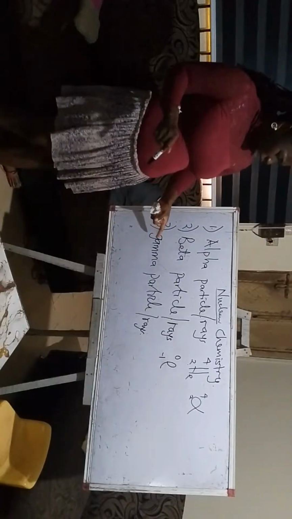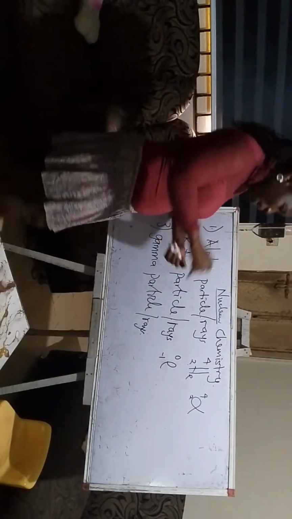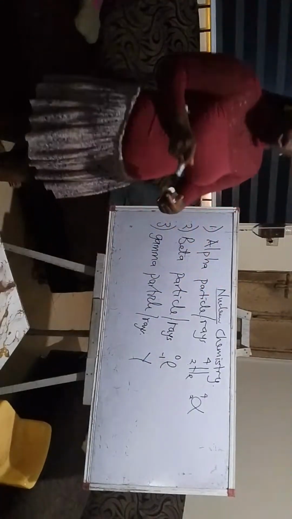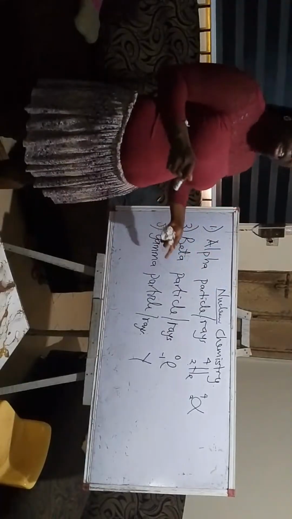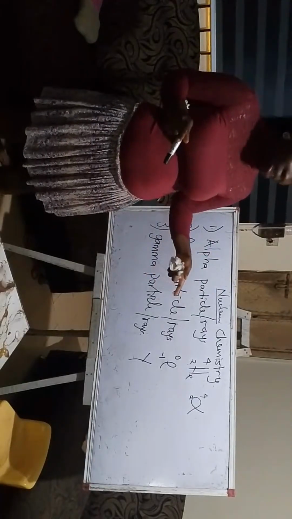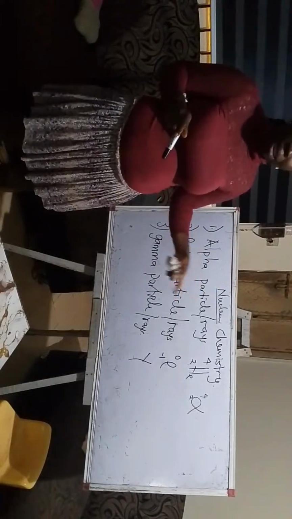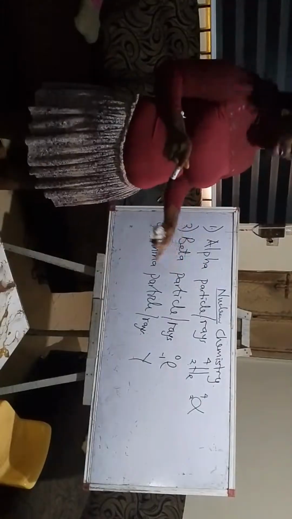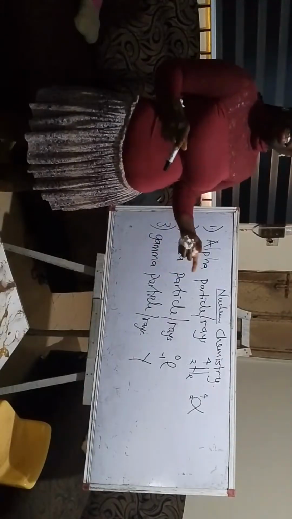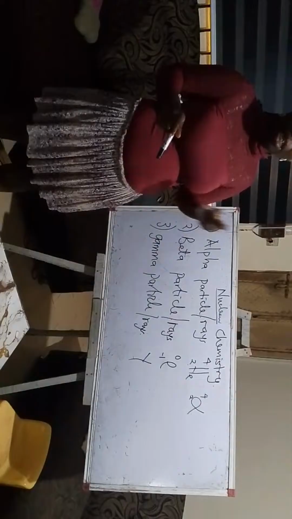But that of gamma, gamma has no mass number, neither does it have an atomic number. So it does not increase or decrease the atomic number of the element that exhibits a gamma particle, but it has a strong penetrating power.